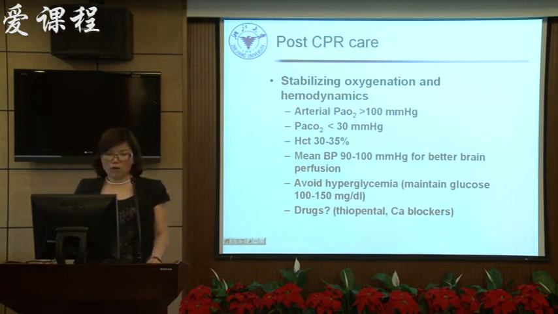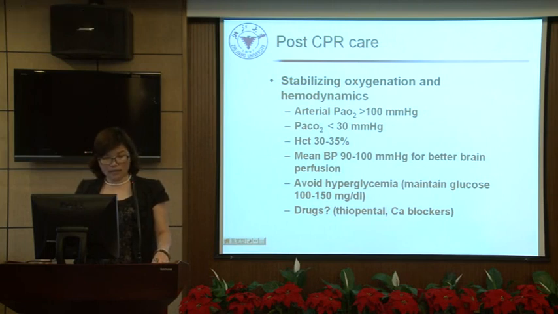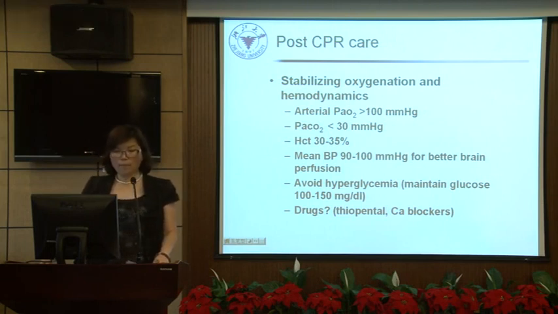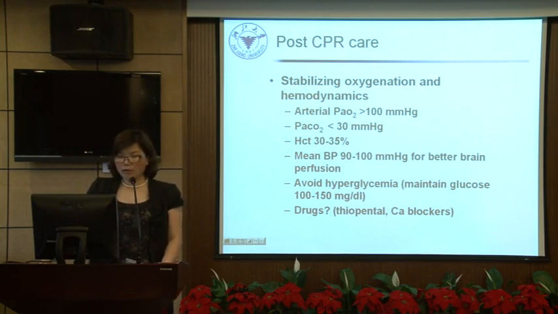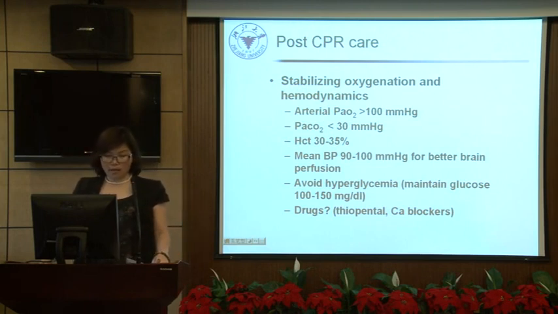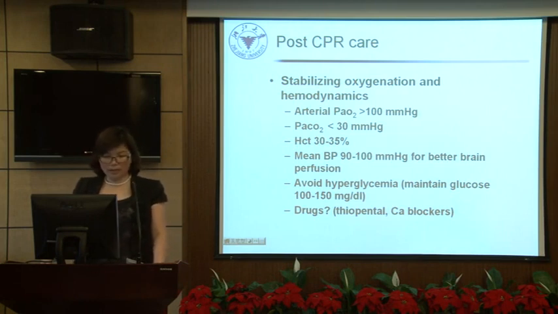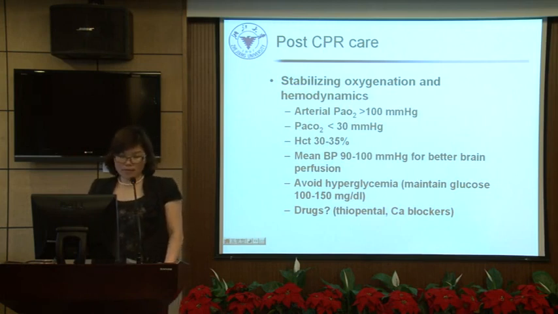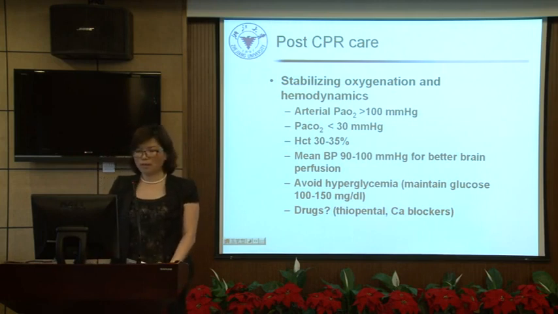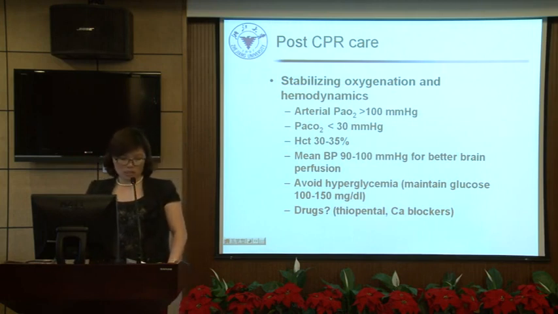We should stabilize the oxygenation and hemodynamics. For example, arterial PO2 should be larger than 100 millimeters of mercury, and PSO2 should be less than 30 millimeters of mercury, and HCT should be maintained at 30 to 35%, and the mean blood pressure should be maintained at 90 to 100 millimeters of mercury for better brain perfusion.